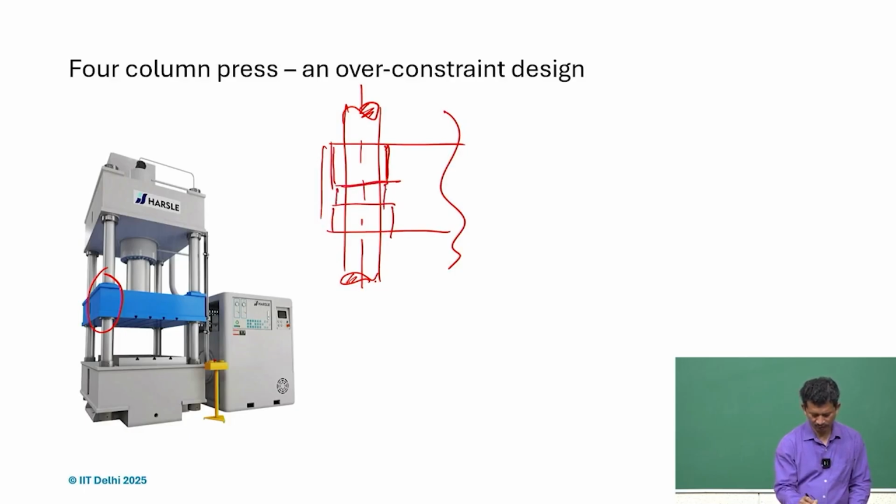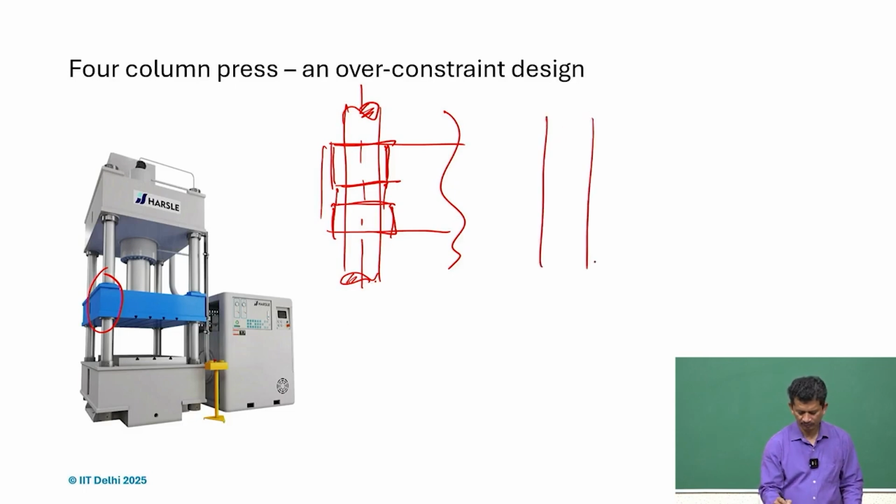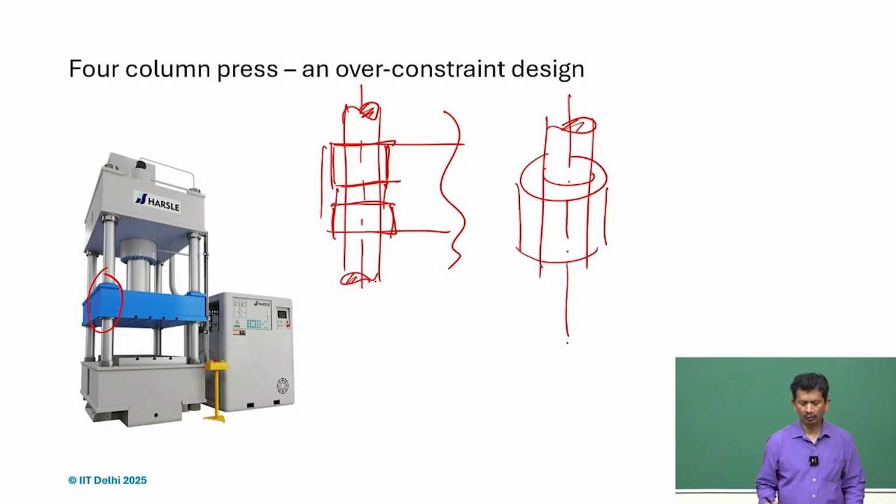So 1 bushing here and 1 bushing here. If we just talk about 1 bushing and one guide or shaft here, it's a cylindrical pair, so it can slide and it can rotate.